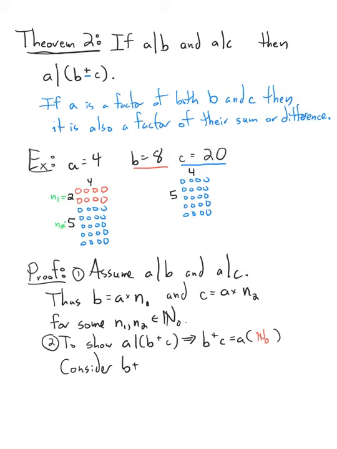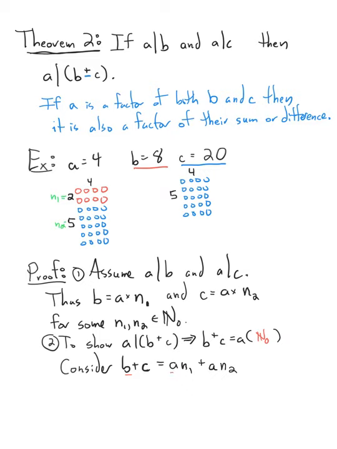So let's consider B plus C. We're going to write them in terms of their factors. B is A times N1, C is A times N2. So this is A times N1 plus A times N2.